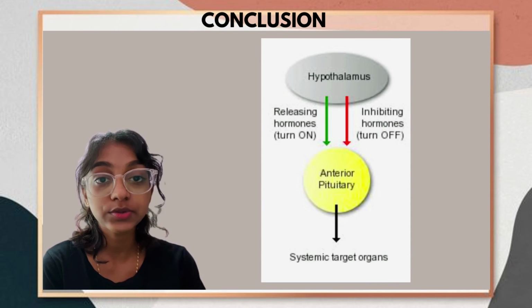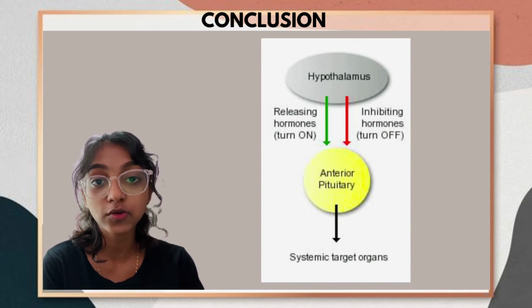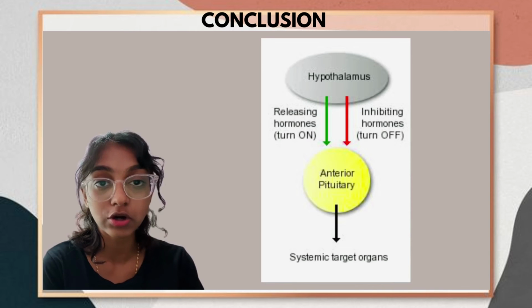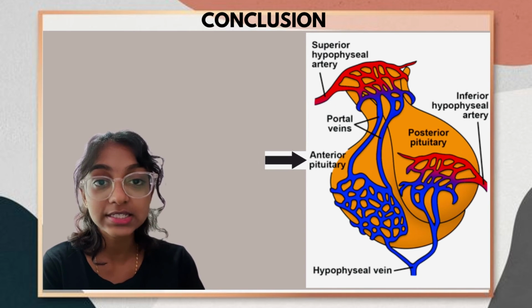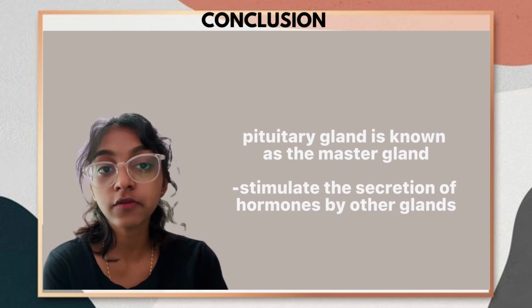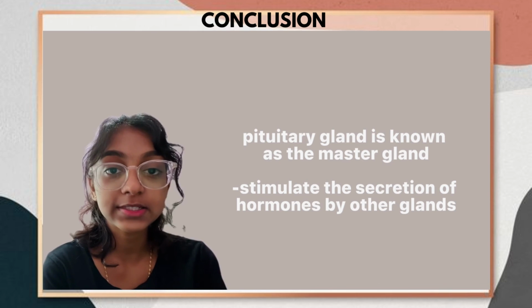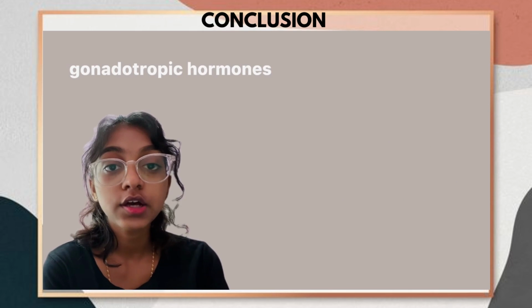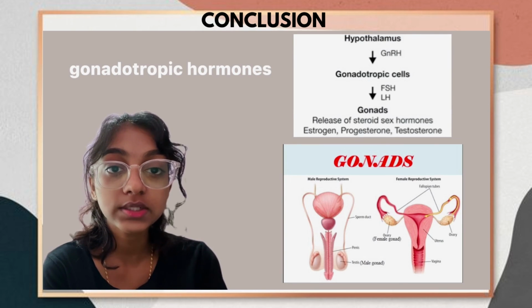The hypothalamus produces hypothalamic releasing hormones and hypothalamic inhibiting hormones, which pass to the anterior pituitary by way of the portal system. The anterior pituitary produces several types of hormones. Some of these stimulate other endocrine glands. Gonadotropic hormones influence the gonads.